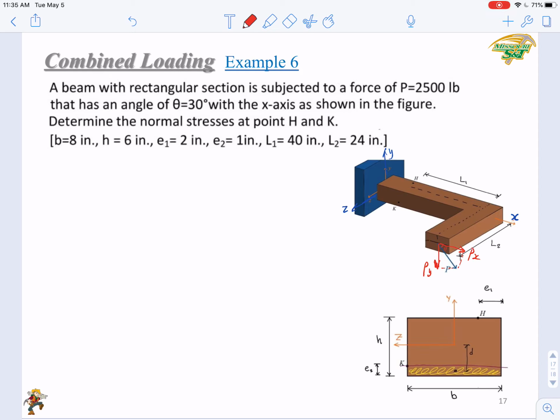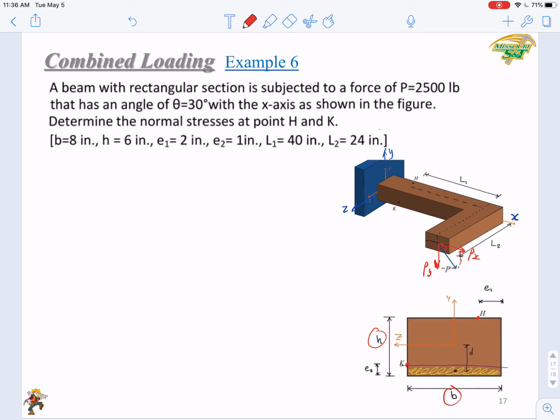Okay, so you're requested to determine the normal stresses at 2 points, H and K. And the H and K has been shown here on the cross section. And other dimensions, B, H, E1, E2, L1, L2 have all been given. So just look at this one.